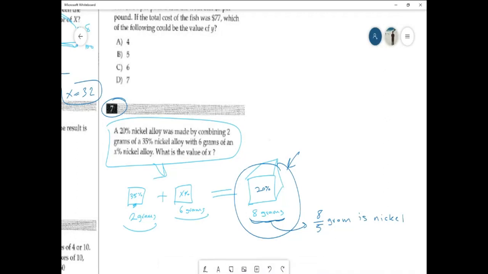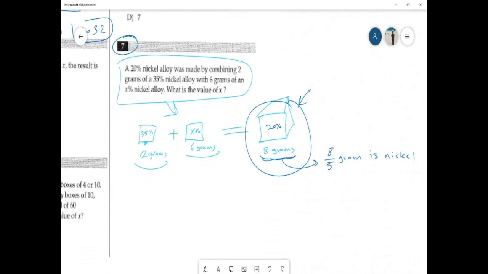So let's go here. In the result, I have 8 divided by 5 gram of nickel, right? And from here, I can find that if I have 2 gram of something, but only 35% of it is nickel, I need nickel alloy, because I'm looking for the percentage of nickel alloy here.